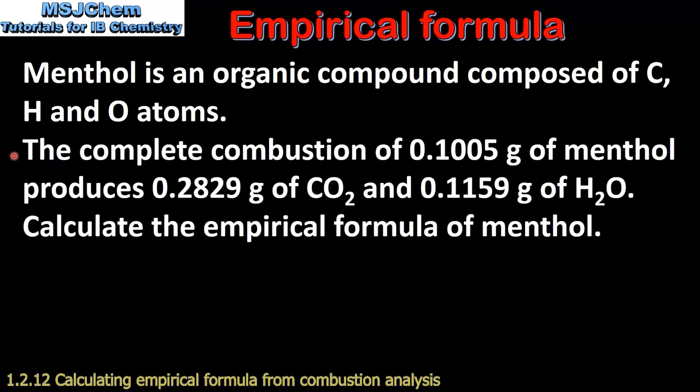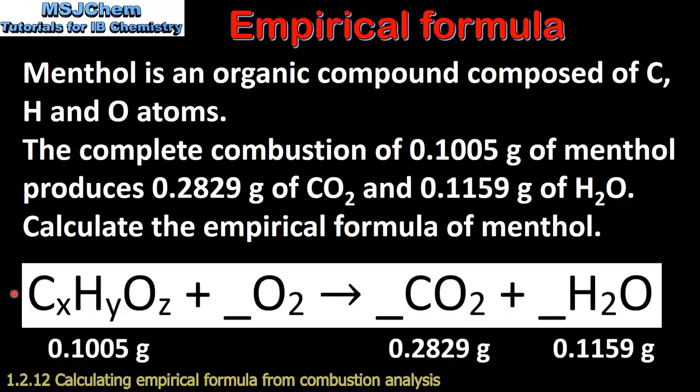The complete combustion of 0.1005 grams of menthol produces 0.2829 grams of carbon dioxide and 0.1159 grams of water. So here we have the unbalanced equation for the complete combustion of menthol. In complete combustion, menthol reacts with an excess of oxygen to produce carbon dioxide and water.